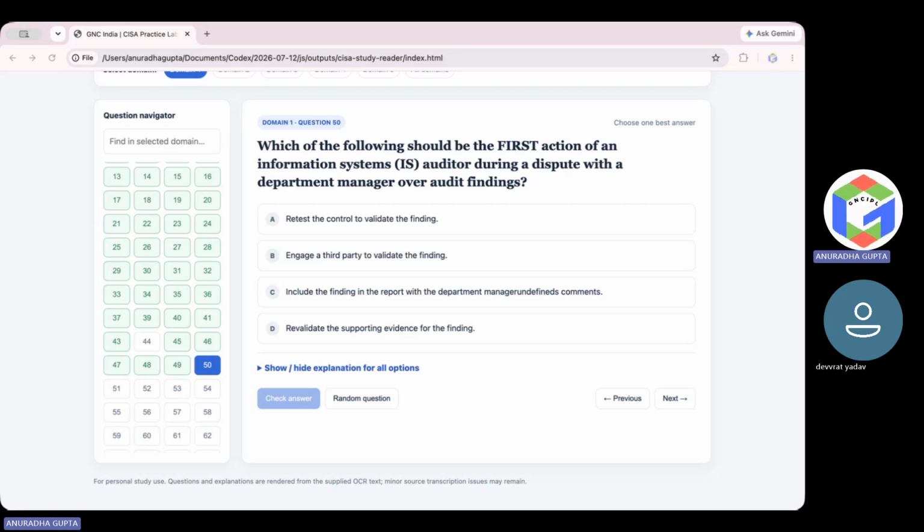Again, in the CISA exam, they are looking for the best option. Here the best option is basically to revalidate the supporting evidence for the findings.